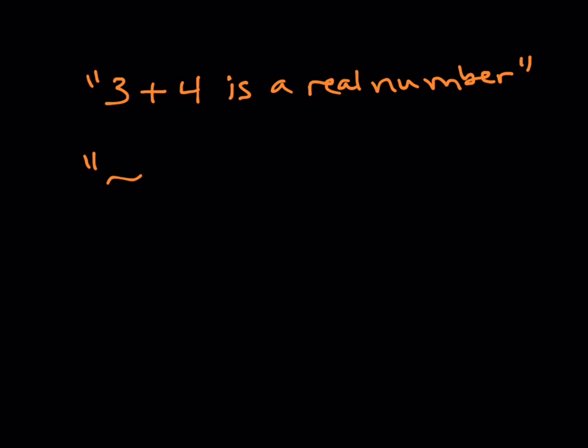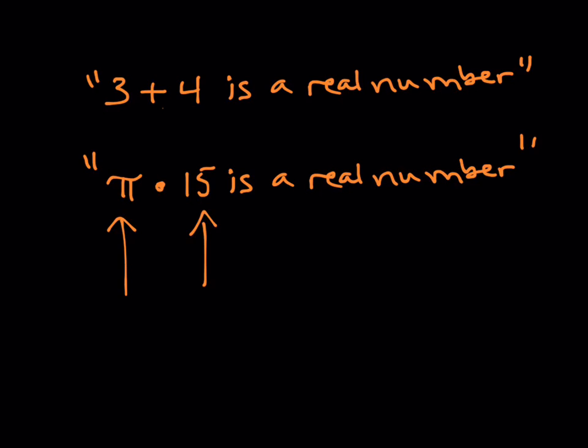It might say something like pi times 15, and then they're just going to copy that same phrase, is a real number. So it'll be either addition or multiplication, fill in the blanks with numbers, and then we're just stating that it is a real number. And that's it.